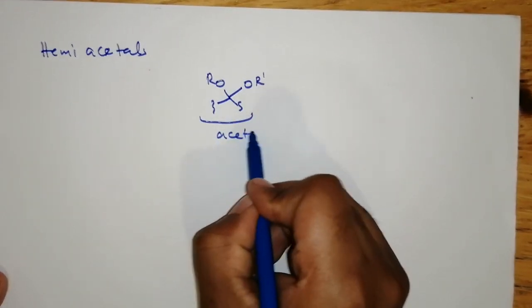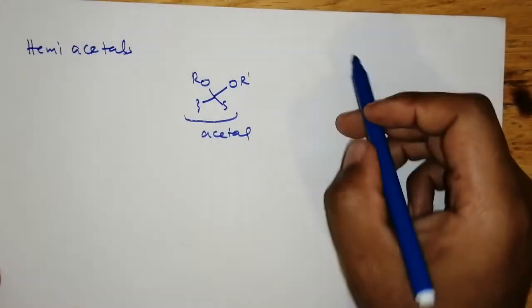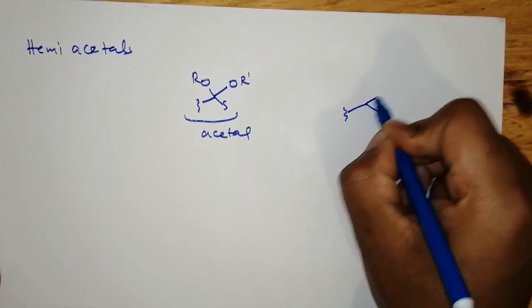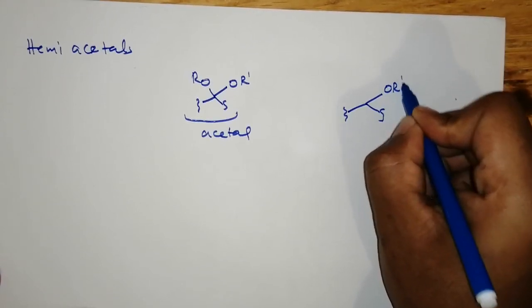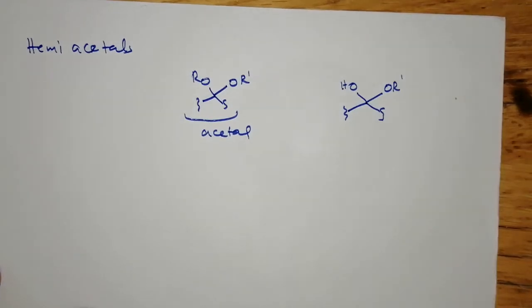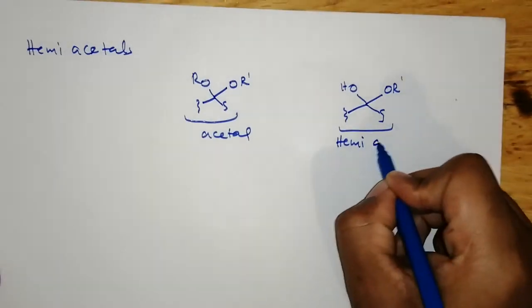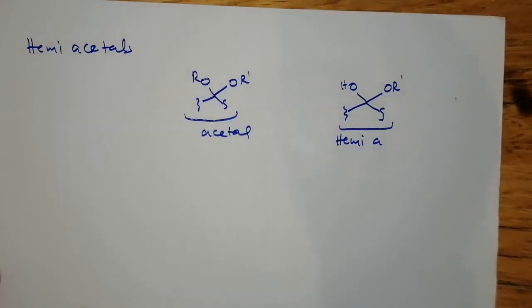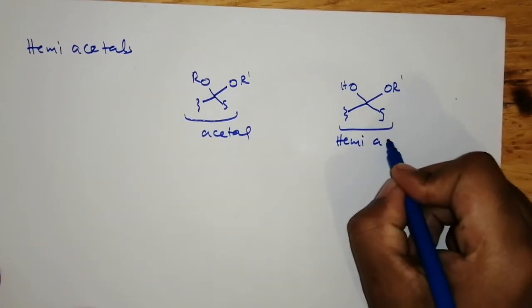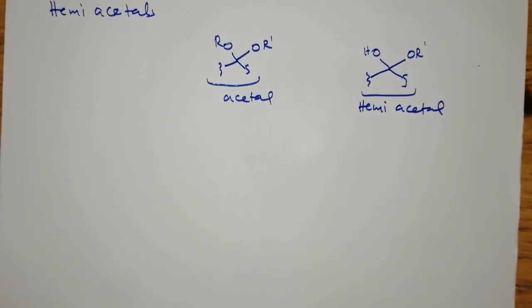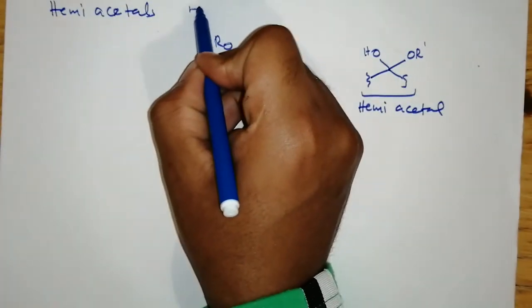This is an acetal. However, for this video, we're going to look at hemiacetals, with an OR alkyl group there and an OH group. This functional group is a hemiacetal. How we form hemiacetals is quite interesting. These are hemiacetal reactions.